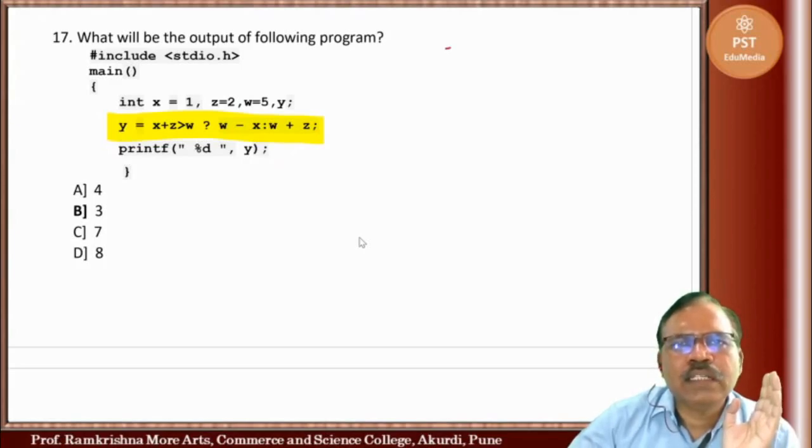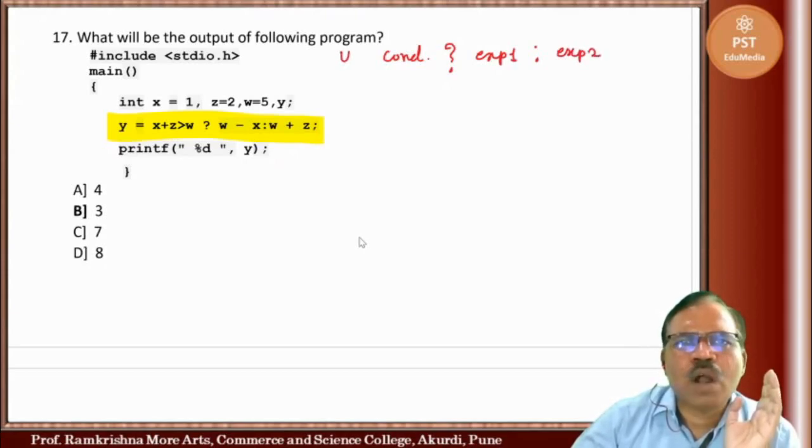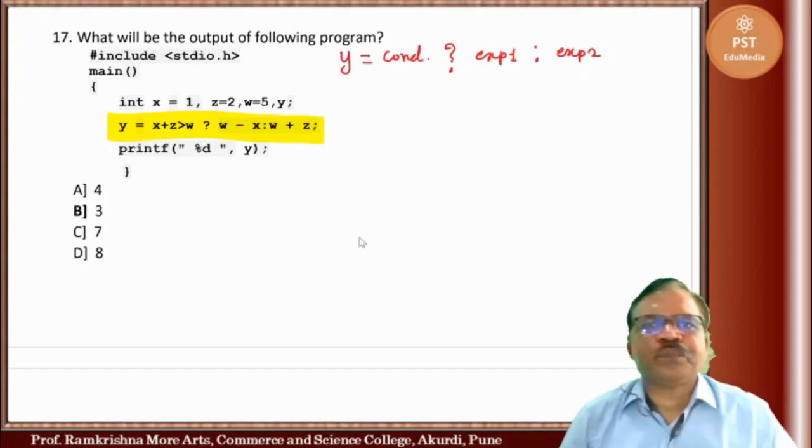So what is used here? Conditional operator. So what is the conditional operator here? Condition, here expression 1 and here expression 2. And suppose y is equal to this.